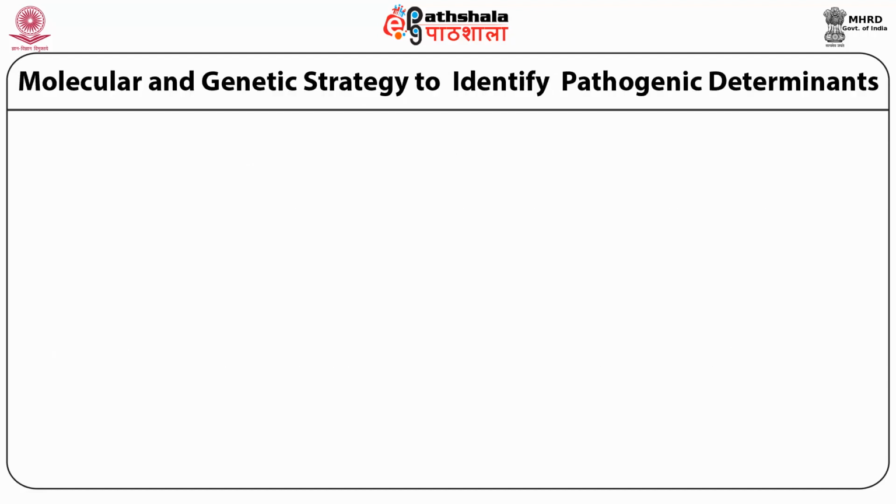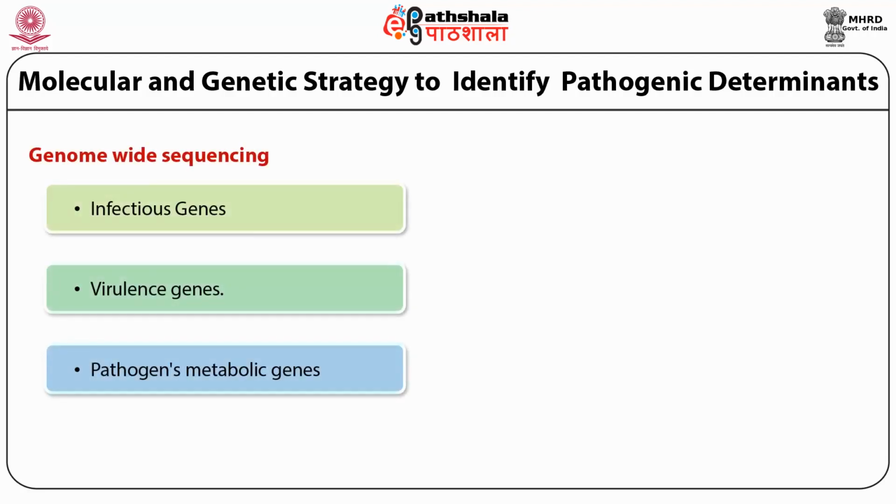Molecular and genetic strategies to identify pathogen determinants have revealed many infectious genes, virulence genes, and pathogen metabolic genes. We can get these genes through sequencing programs, and then in the laboratory investigators can do a simple RT-PCR and confirm those genes for bacterial, fungal or any other pathogens.